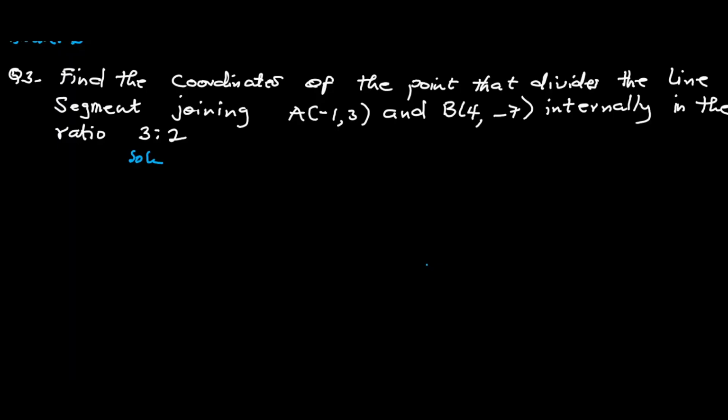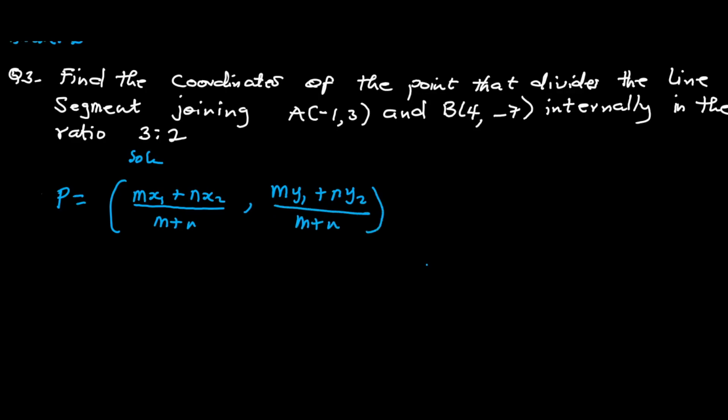Let's assume that the coordinate of point P is this. That will be (m x1 plus n x2) all over (m plus n), and then (m y1 plus n y2) all over (m plus n).